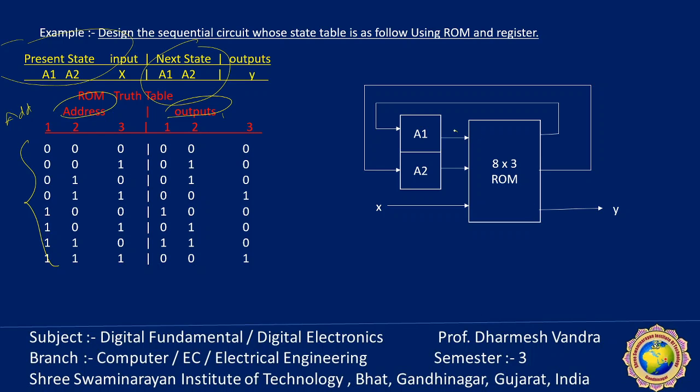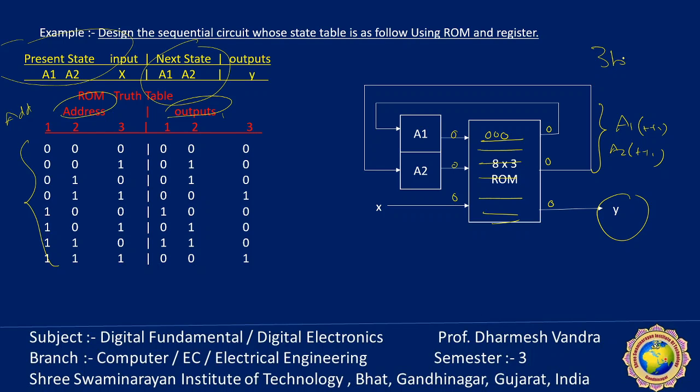What happens when the input is 0, 0, 0? The data 0, 0 is stored, so it will become 0, 0 and 0. This is the output of the ROM. Each address has 3-bit information: the 2 bits are A1 and A2 (t+1), while Y is equal to the third bit.